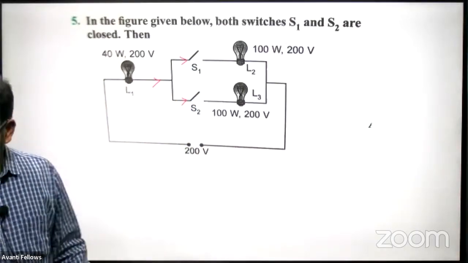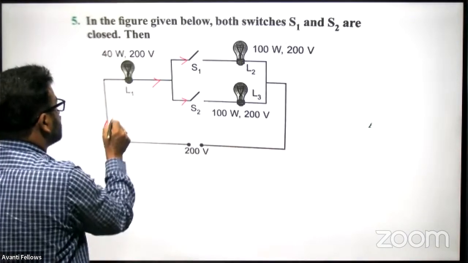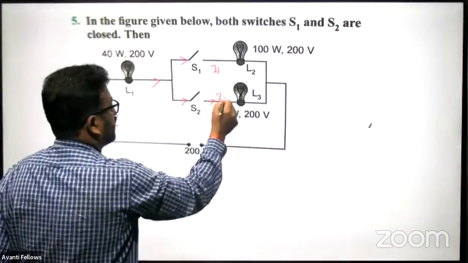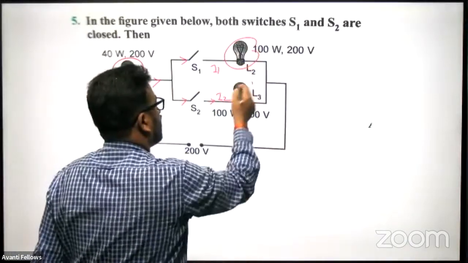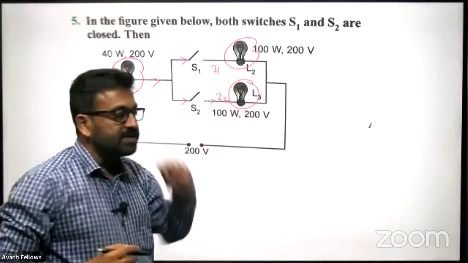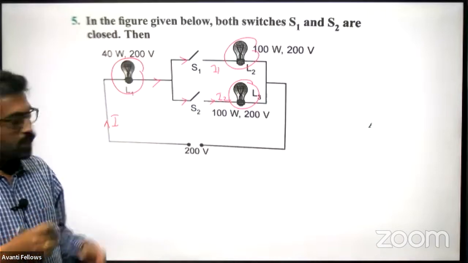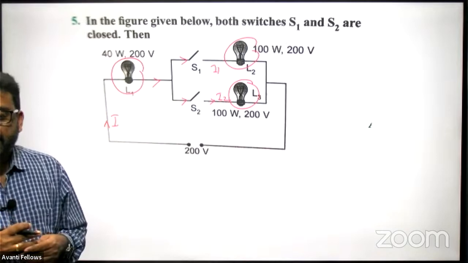See, the current here is I, and the currents here are I1 and I2. What about the brightness of the first bulb as well as the second and third bulb? Do you think that all the bulbs will glow with the same brightness? I don't think so. What is your answer?